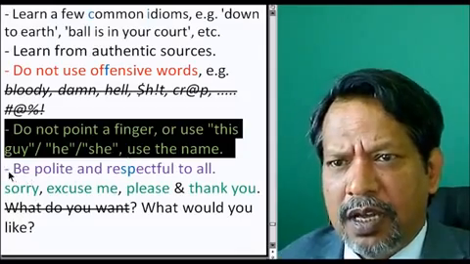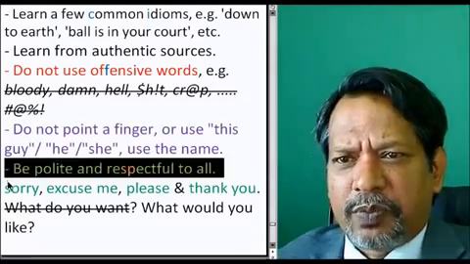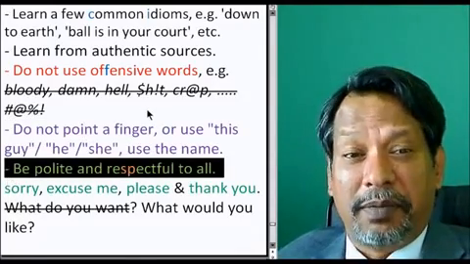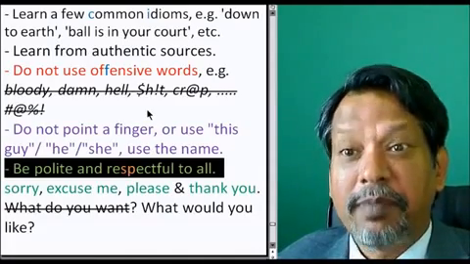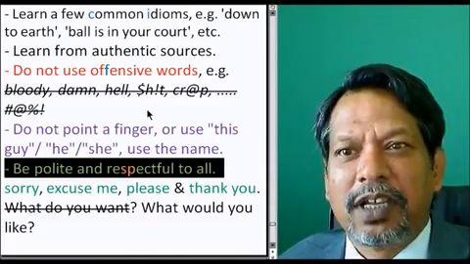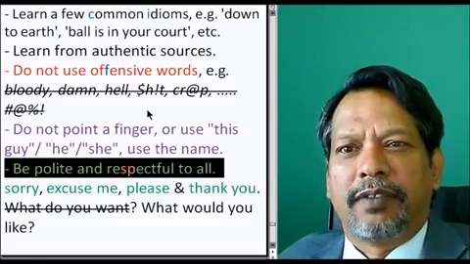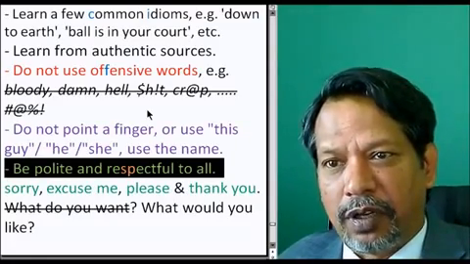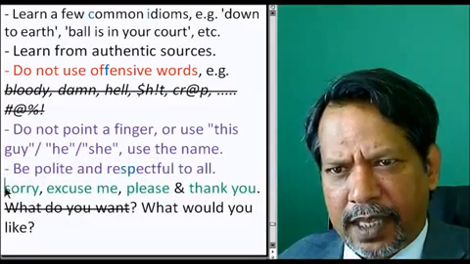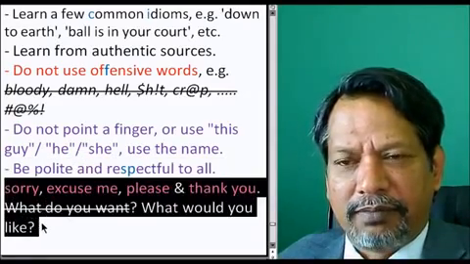It's important. Be polite and respectful to all. This is very important. Be polite and respectful to all. Many people are not. I'll be honest with you. But civilized people should try to be polite and respectful to all. Okay. Use words like sorry.